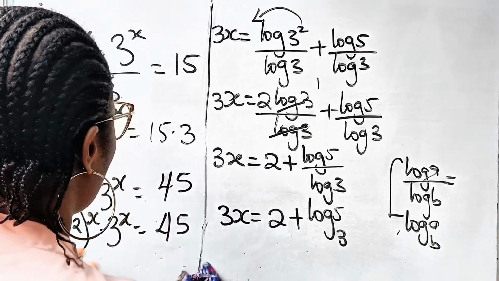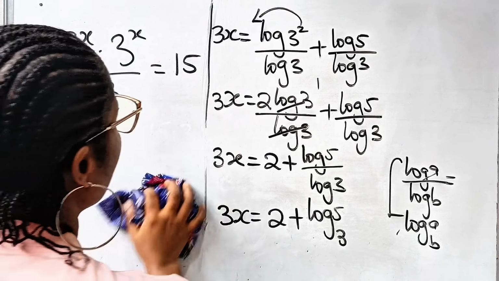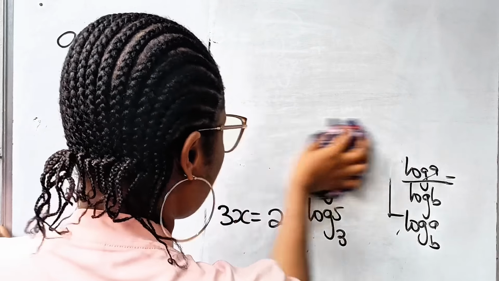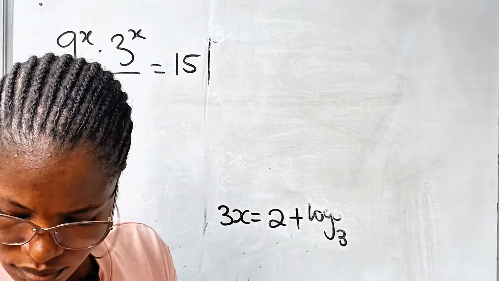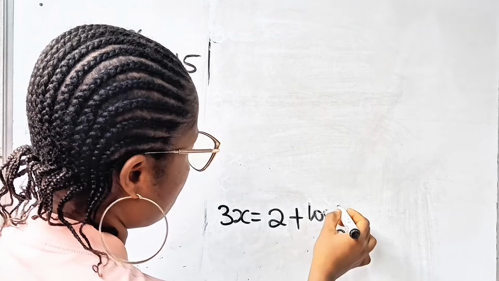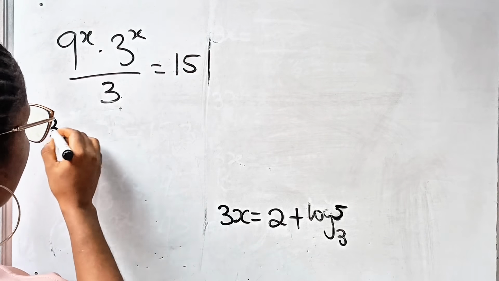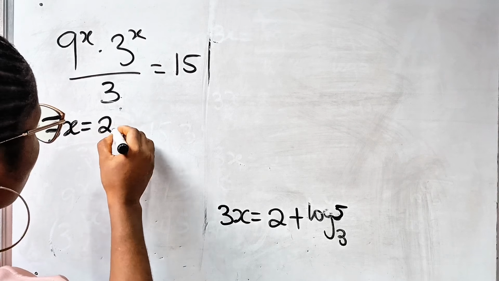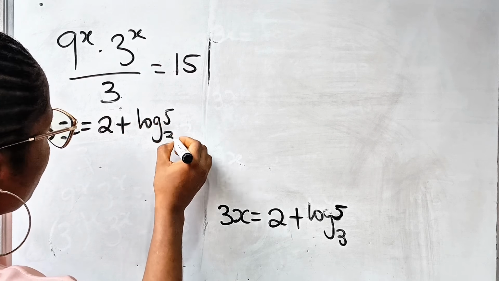Now remember that we are looking for the value of x and not the value of 3x. Therefore, we can write that 3x is equal to 2 plus log 5 base 3.